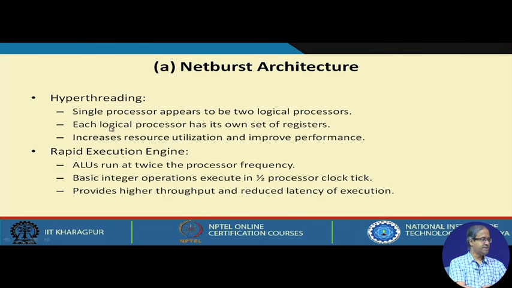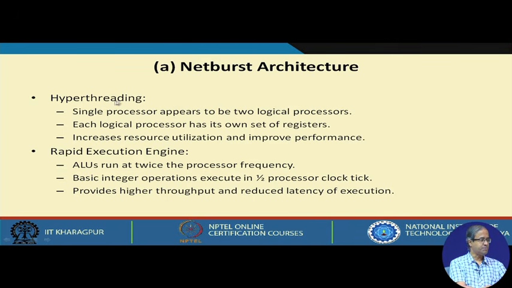To the threads, the processor seems to be a separate dedicated virtual processor. Because we have two threads, you can say that there are two virtual processors which run those two threads.